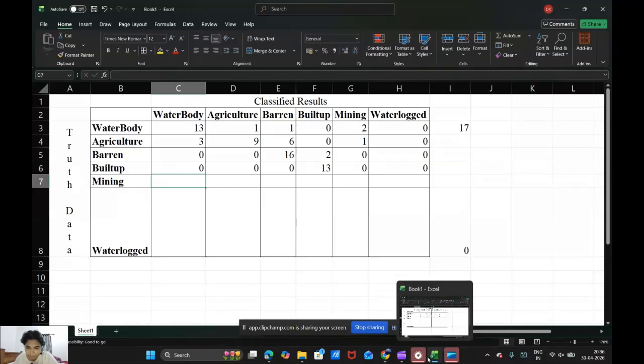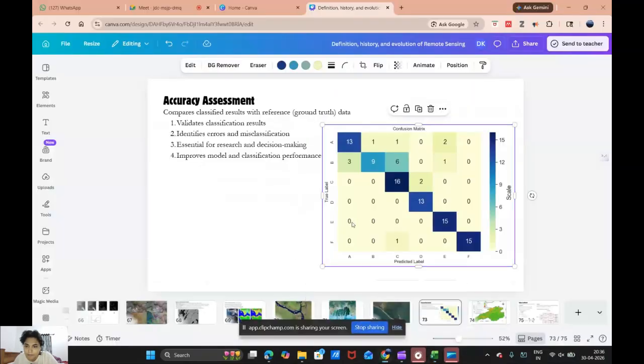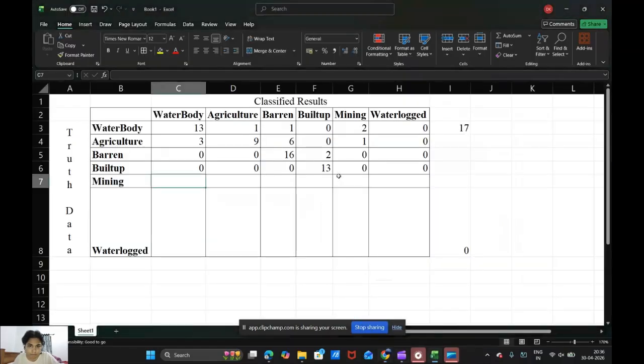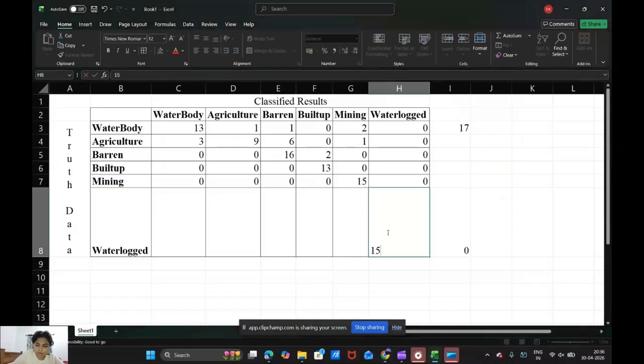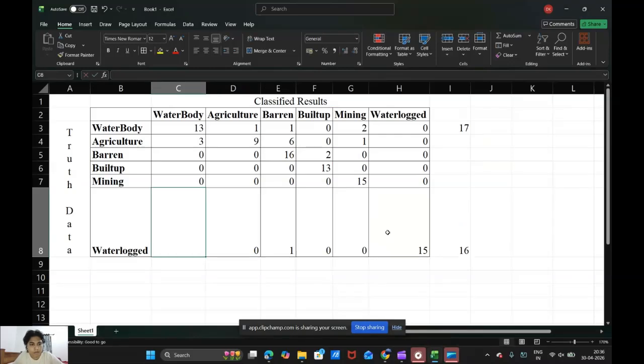That will be better. Then it's all 0, 15, and the rest everything is 0. Then we have 0, 0, 15, 0, 0, 1. This is also 15. We have 0, 0, 1, 0, 0.